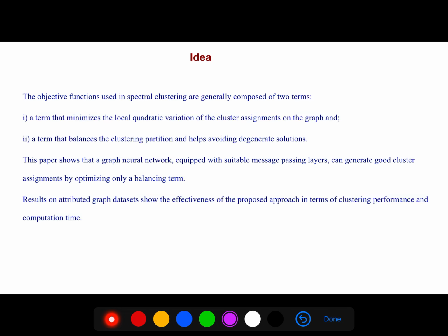This paper shows that a graph neural network equipped with suitable message passing layers can generate a good cluster assignments by optimizing only a balancing term. Results on attributed graph datasets show the effectiveness of the proposed approach in terms of clustering performance and computational time.